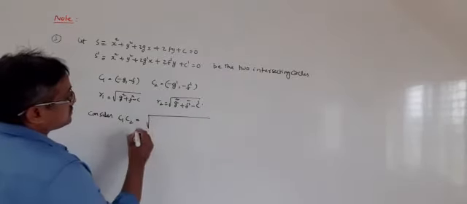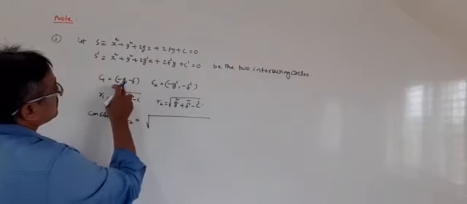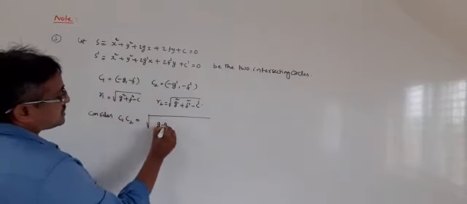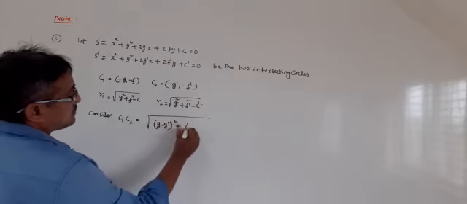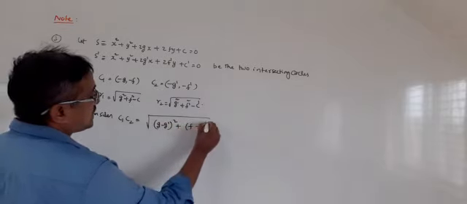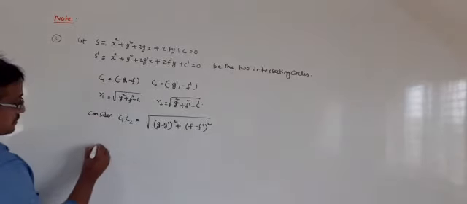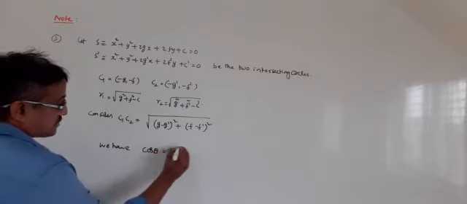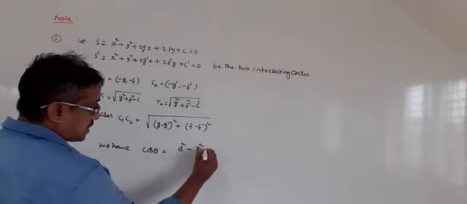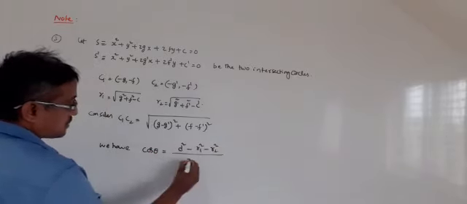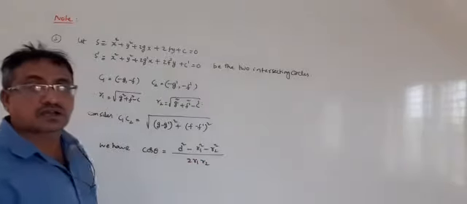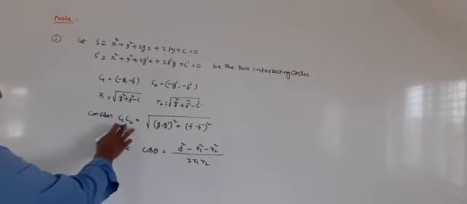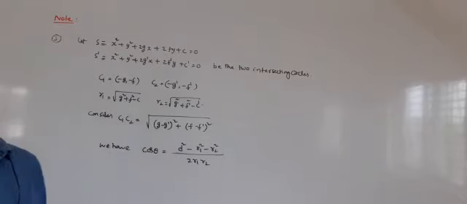C1 C2 is root over x2 minus x1 whole square, so g minus g dash whole square plus f minus f dash whole square. So we have cos theta is equal to d square minus r1 square minus r2 square by 2 r1 r2. Now let us use this C1 C2 and substitute here.